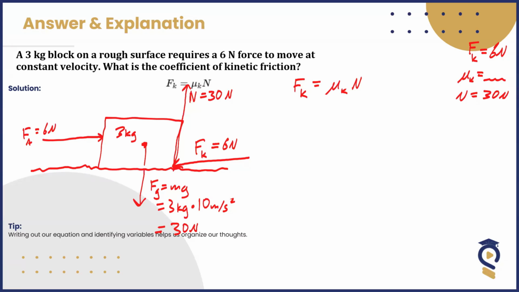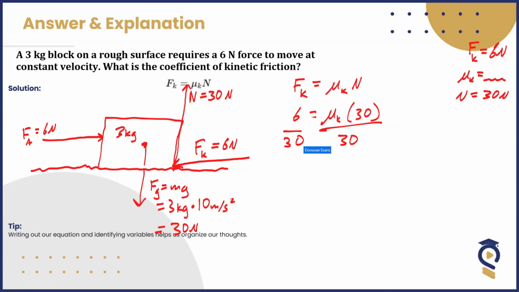Perfect. So we have one equation with one variable that's unknown. So let's go back to the equation. I can now replace this with 6 newtons. So I'll put 6 there. The coefficient of kinetic friction will be unknown, and then that's times 30. Cool. So from there, I'll isolate for the coefficient of kinetic friction by dividing by 30 on each side.